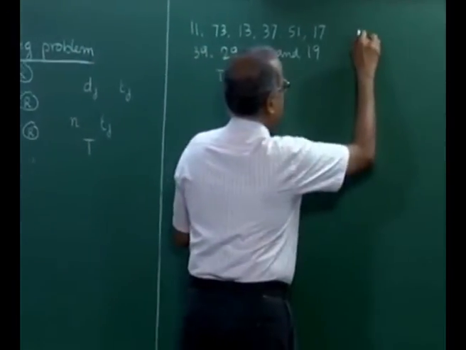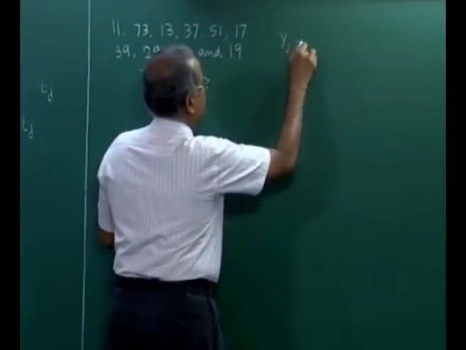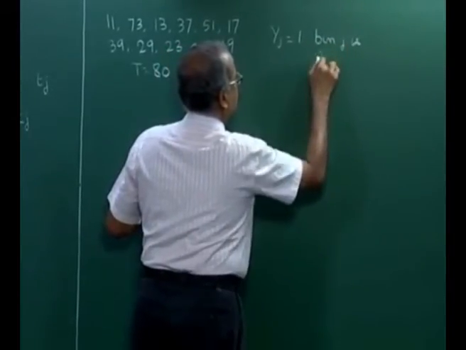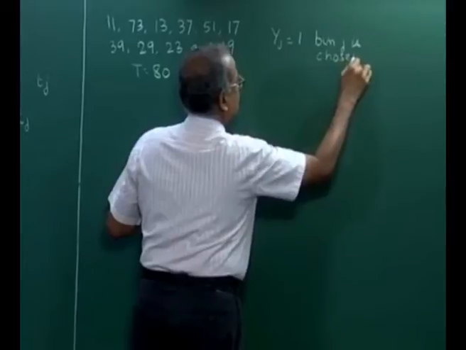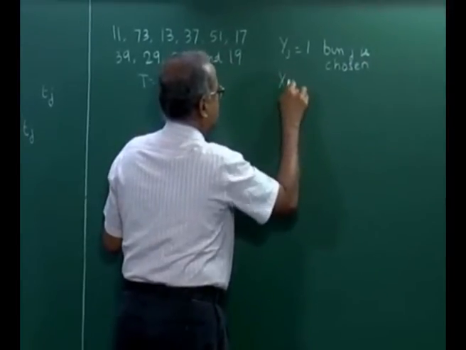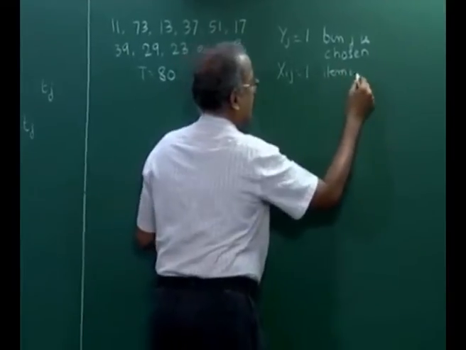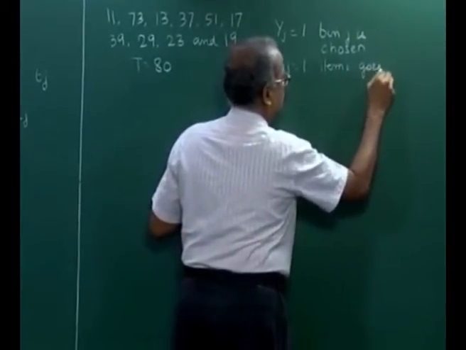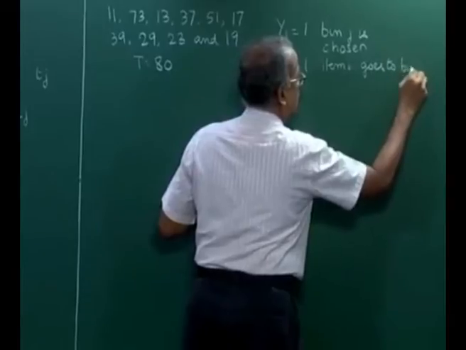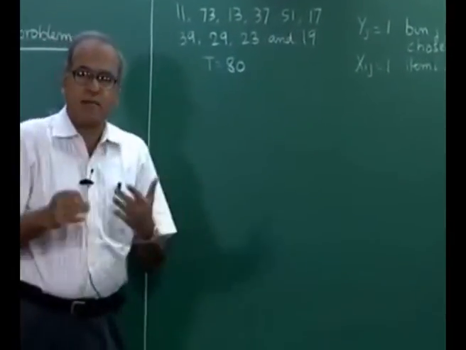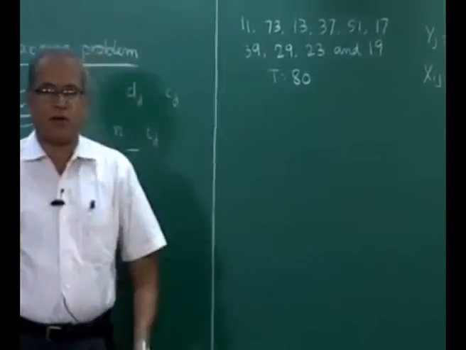We will now assume that Yj equals 1 if bin j is chosen and Xij equals 1 if item i goes to bin j. Now, we know that with 10 bins we can definitely meet all the requirements.